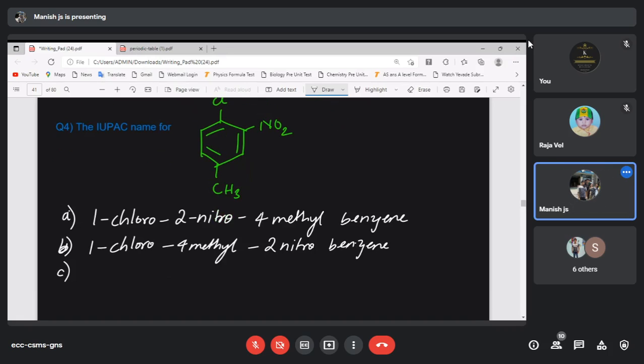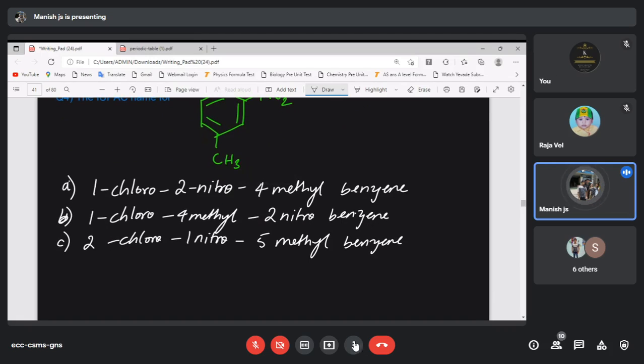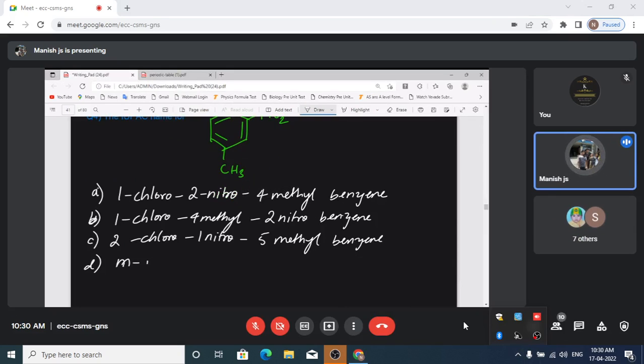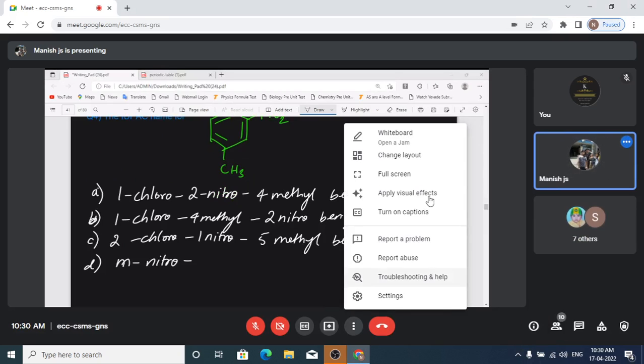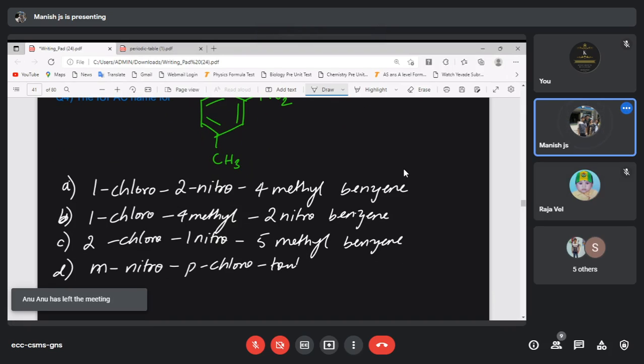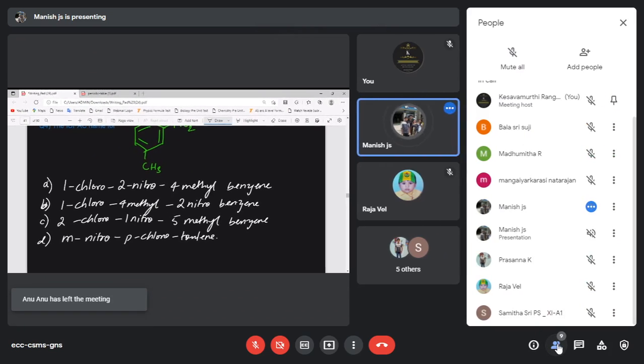And option C, 2 chloro, 1 nitro, 5 methyl benzene. And option D is m nitro, chlorotoluene. So these are the options.